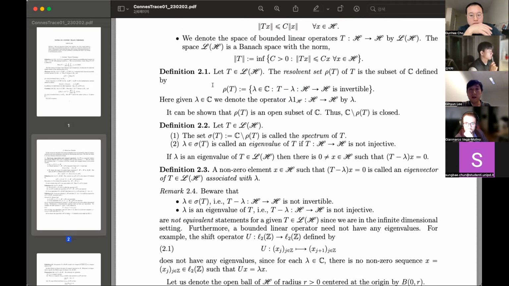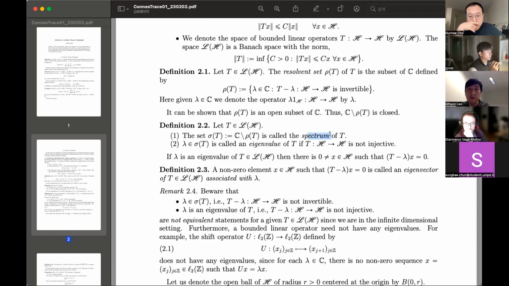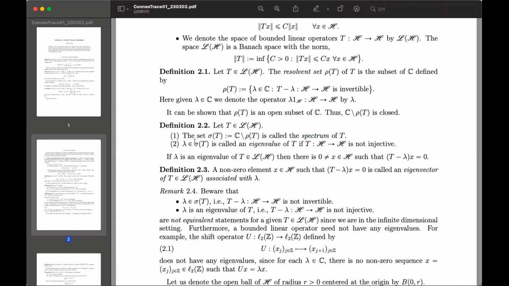Okay, and it can be shown that this rho T is an open subset of C. Thus, its complement is a closed subset of C. And we call the complement of the resolvent the spectrum of T. So sigma T is the set of complex numbers lambda such that T minus lambda is not invertible. Okay, and we say that an element of the spectrum is an eigenvalue of T if T minus lambda is not injective.